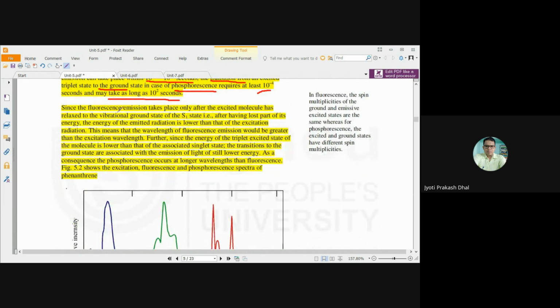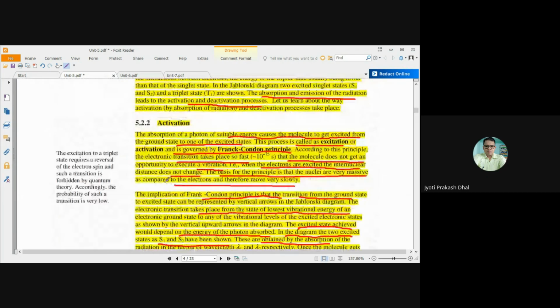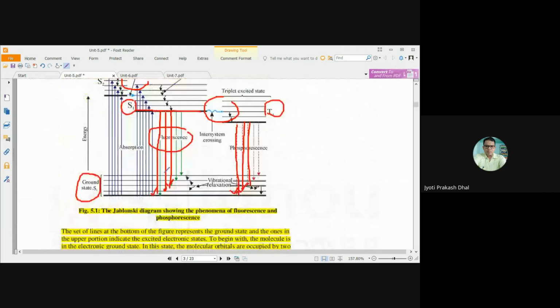Since the fluorescence emission takes place only after the excited molecule has relaxed to the vibrational ground state of the S1 state, that is after having lost part of its energy, the energy of the emitted radiation is lower than that of the excitation radiation. So that means for fluorescence, the molecule will come back from the ground vibrational energy level of the S1 state.